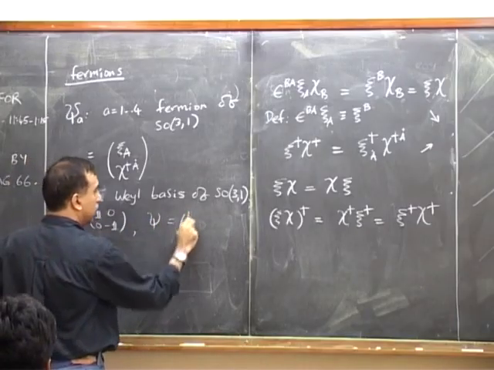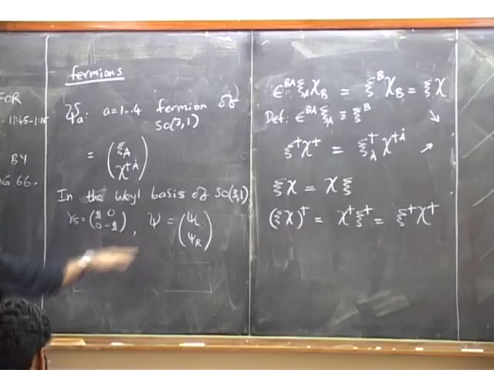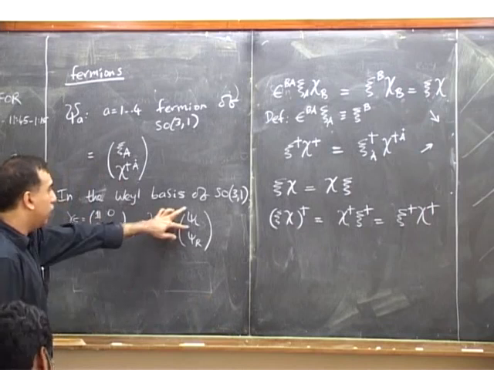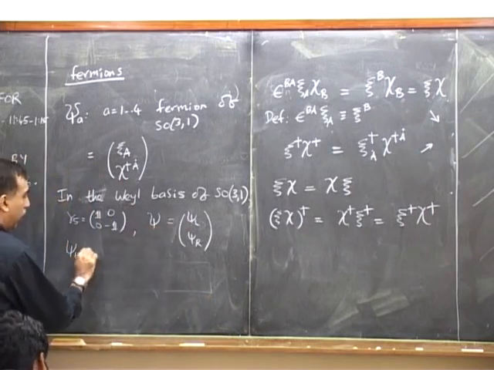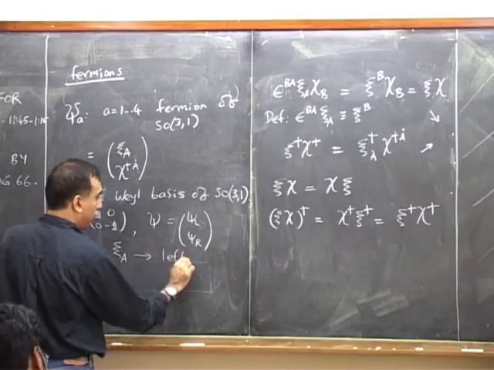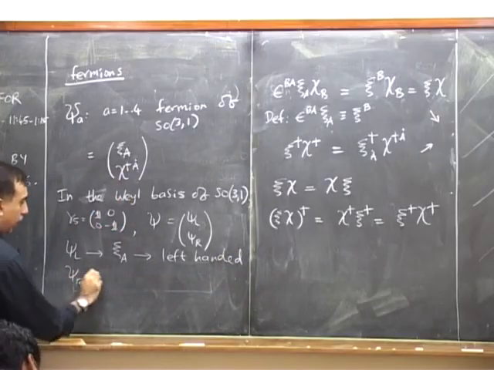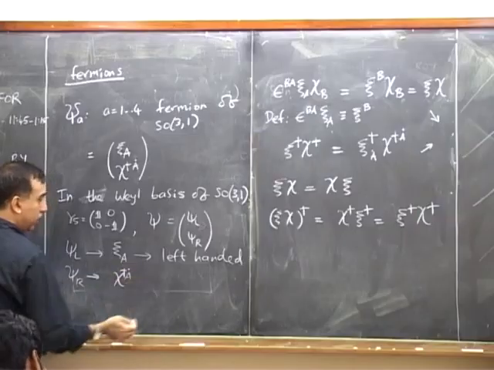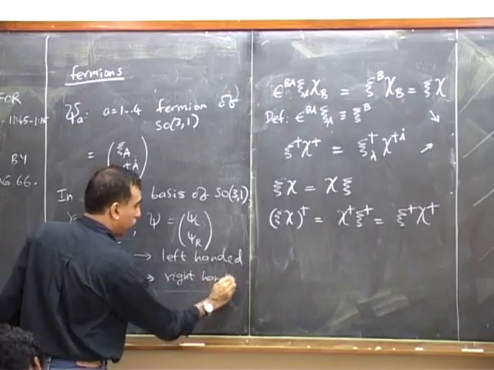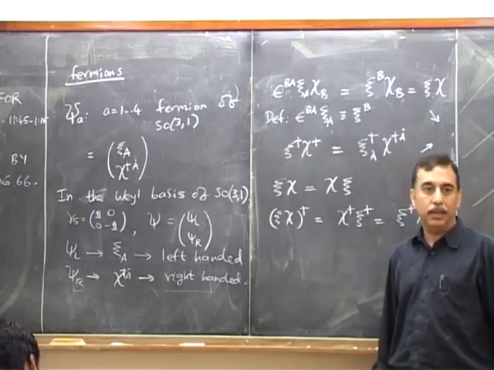Then we can write psi as psi left and psi right. And so we naturally see that in the Weyl basis, these 2 procedures are quite equivalent, 4-component and 2-component. The upper 2 components are identified with a 2-component spinor of SU2, and we can call it left-handed. And the lower 2 components are identified with a dotted spinor, so from the other SU2, and we call it right-handed. So another thing we learn from this exercise is that undotted and dotted is the same thing as left-handed and right-handed.